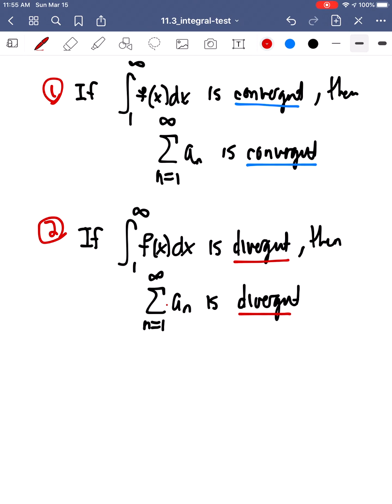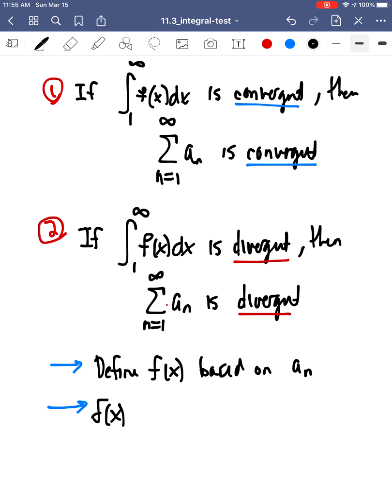Okay. And to recap, a few things to note. The first thing, we define our function f of x that we're actually integrating based on our series function a sub n. The next thing is that f of x must be three things.